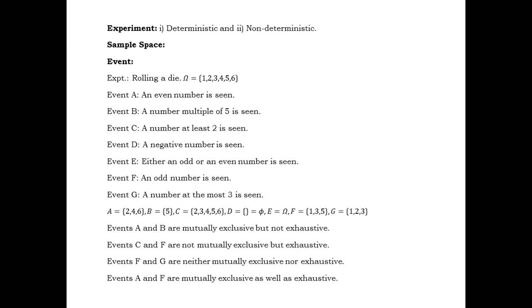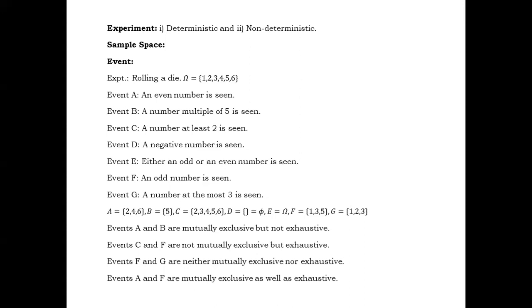So here A is defined. You can just take a screenshot and everything. I'm not going to explain everything in detail. A is an even number, B is a number multiple of 5. So that is a singleton outcome. Such an event is called a simple event. B is a simple event.